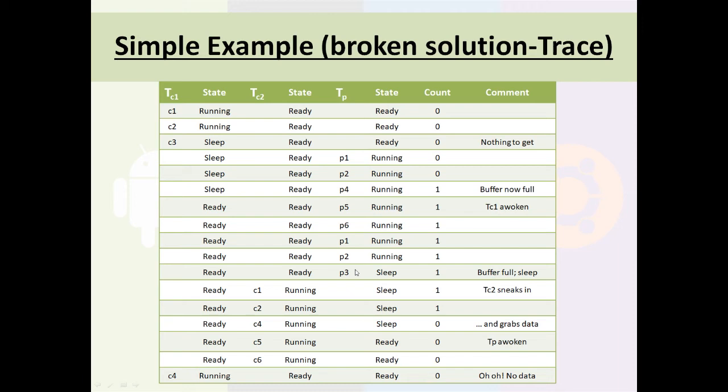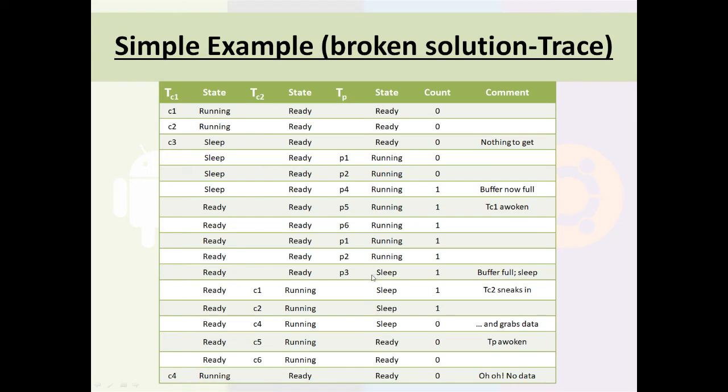The producer is moved from the running state to the waiting list. Now, this is the point at which our problem can occur, and it is in this brief interlude when we have two ready threads and our producer is sleeping.